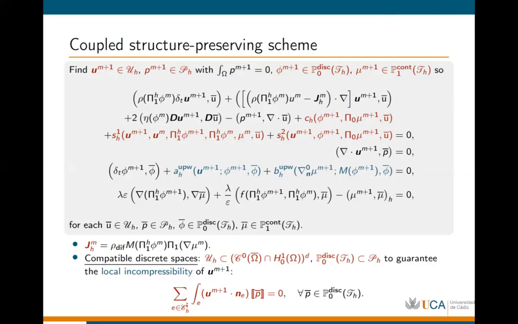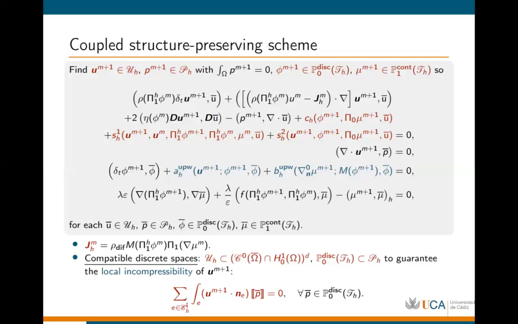So this is a hybrid method: we're combining continuous finite elements with the discontinuous Galerkin method. If we focus first on the Cahn-Hilliard equation, we have these two upwind terms that Rafa has just introduced. I'm going to recall them in the next slide. And we have these three terms that are basically some discretization with stabilization terms that will allow us to preserve the energy stability property.